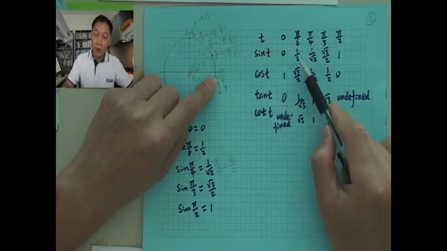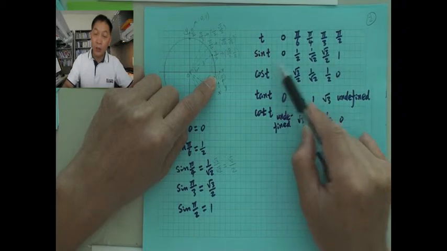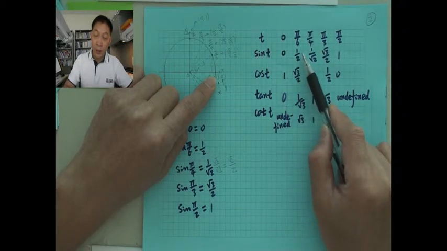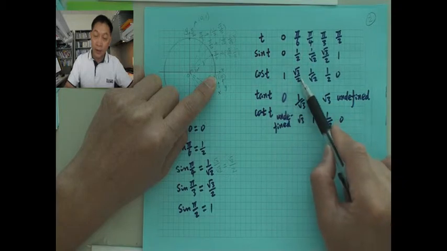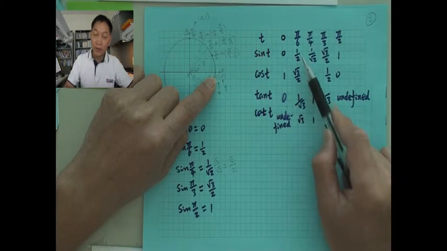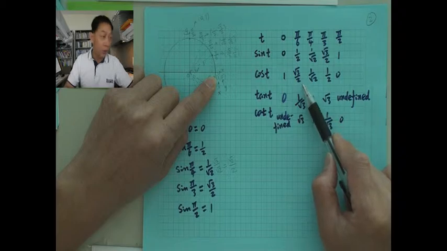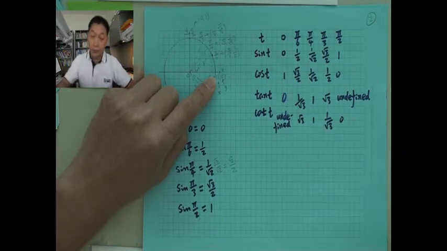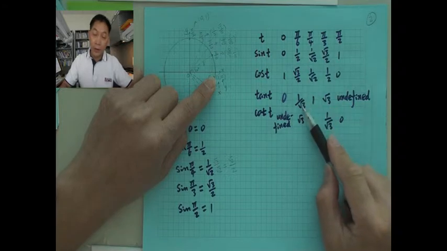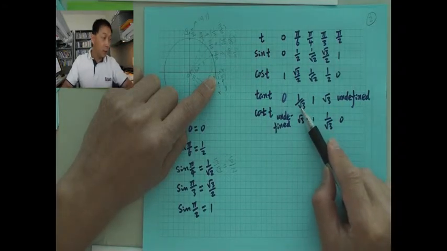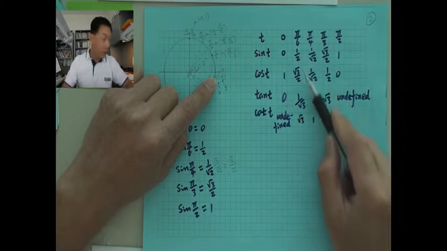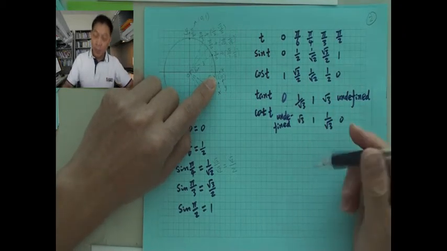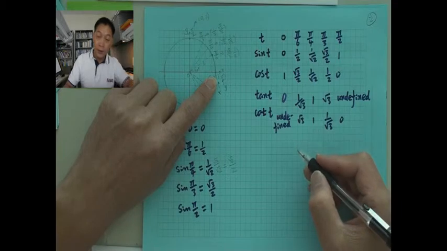Okay? And cotangent is y over x, because sine always gives us y. Cosine is x. 1/2 divided by radical 3 over 2, that's 1 over radical 3. You probably want to calculate that. Okay, I probably can calculate down here.